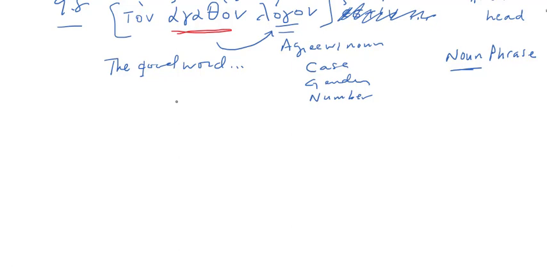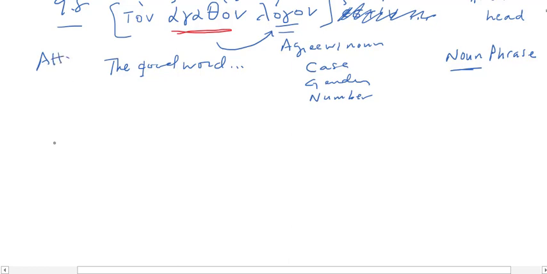We'll get to it in a minute. I'm just wanting to give you some examples. Notice that what's important for us to note is that if it's an attributive adjective, it will always accompany a noun. And it will agree with the noun in 3 ways. Okay? Now, so that's the attributive.